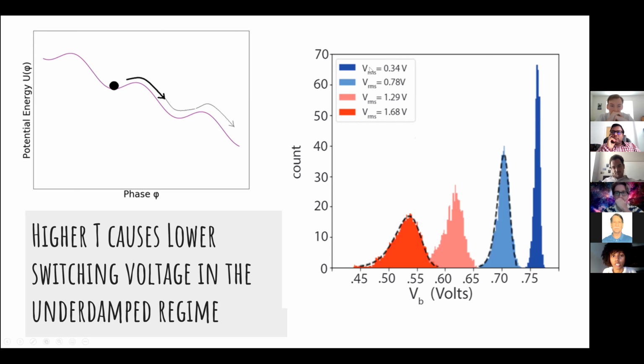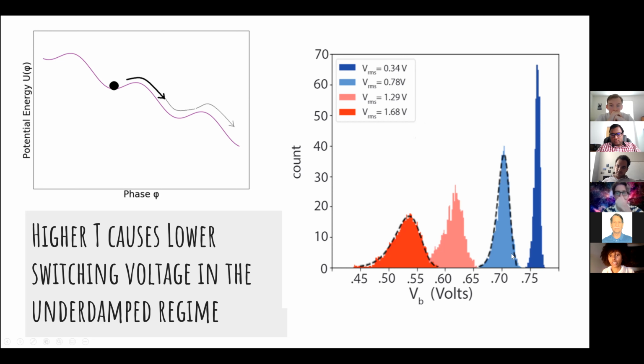And so you see with the dark blue curve, that was the coolest of these 4 effective temperatures. And you notice that switching occurs around 0.75 volts mostly. And that was probably near the critical voltage of our circuit at the time, because at low temperatures, you're switching closer to critical voltage.